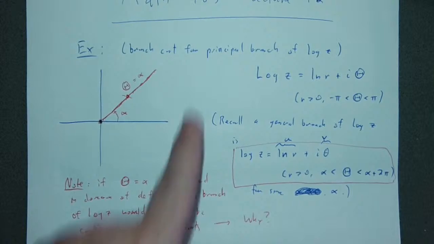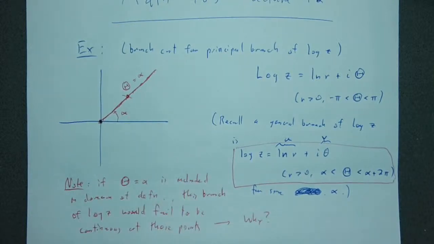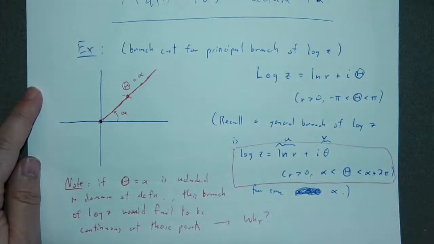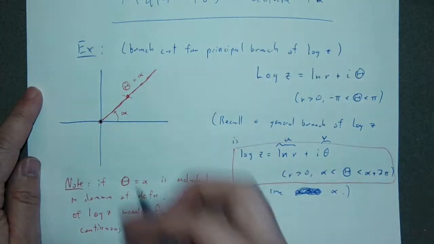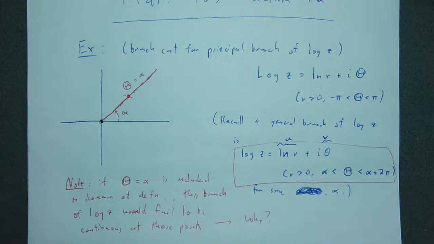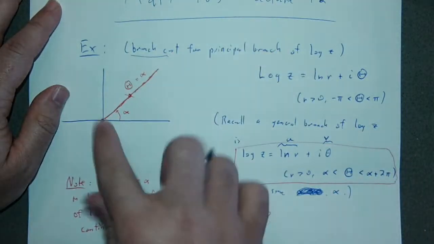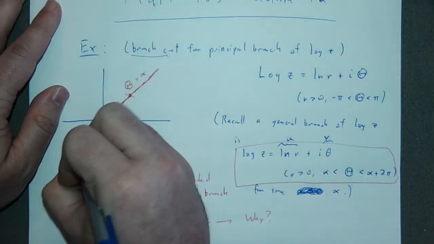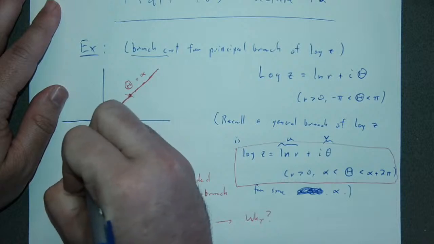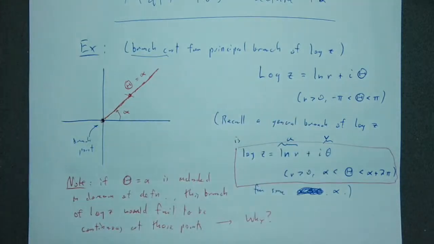And so this is an example of a branch cut. A branch point then would be the origin here. The origin would be a branch point in this way.